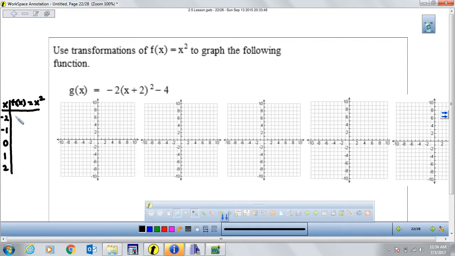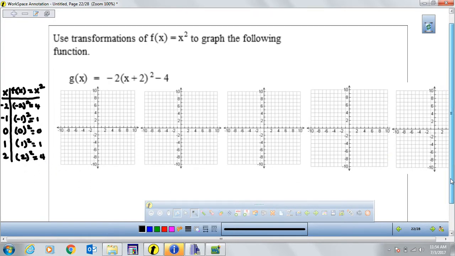What we need to do is square each of them. Negative 2 squared gives us a 4. Negative 1 squared gives us a 1. Then 0 squared gives us a 0. Then 1 squared gives us a 1. And 2 squared gives us a 4.